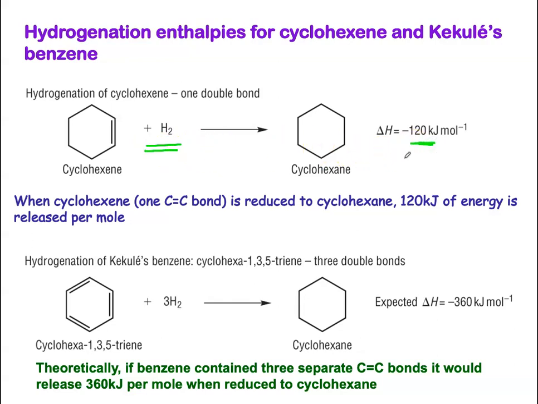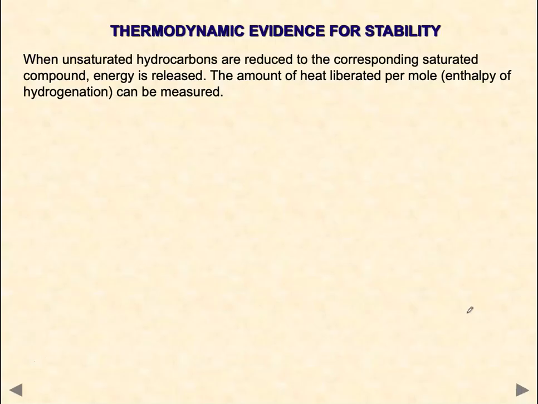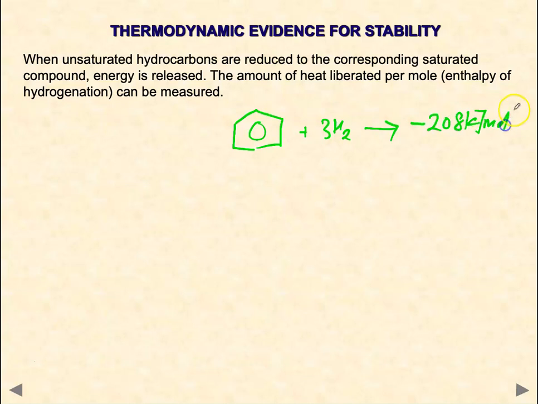So naturally, if we have Kekulé's benzene, which we call cyclohexa-1,3,5-triene, also called hypothetical benzene, when that undergoes hydrogenation, it releases minus 360 kilojoules of energy per mole. However, when benzene undergoes hydrogenation, it releases minus 208 kilojoules per mole of energy.